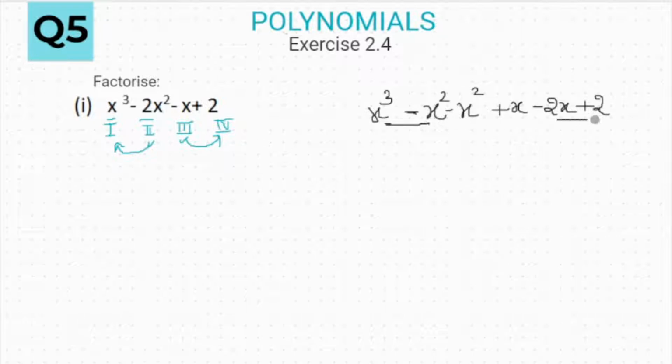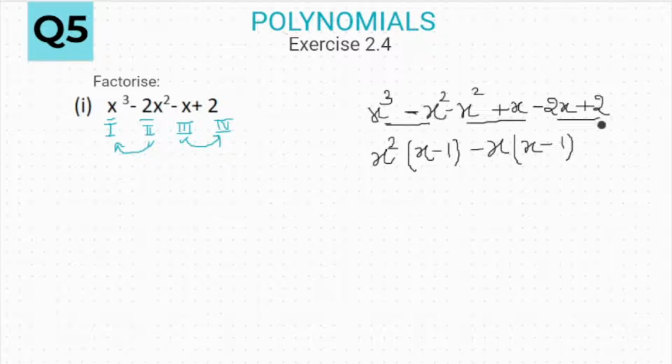Right. Now we can see the first two terms have something common. Yes, it's x square. We can take x square out, and here we are left with only x minus 1. Now the third and the fourth term, what is common in them? Only x, and with negative if we put it out, then we have in the bracket x minus 1.